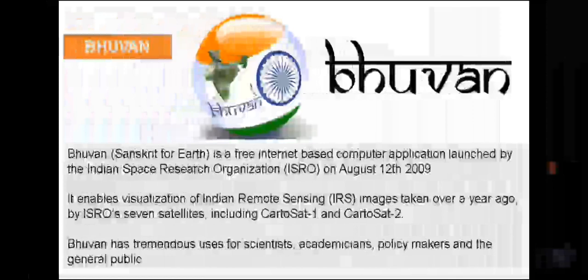It enabled visualization of Indian Remote Sensing (IRS) images taken over a year ago by ISRO. Seven satellites including Cartosat-1, Cartosat-2. Bhuvan has tremendous use for scientists, academicians, policymakers and the general public.